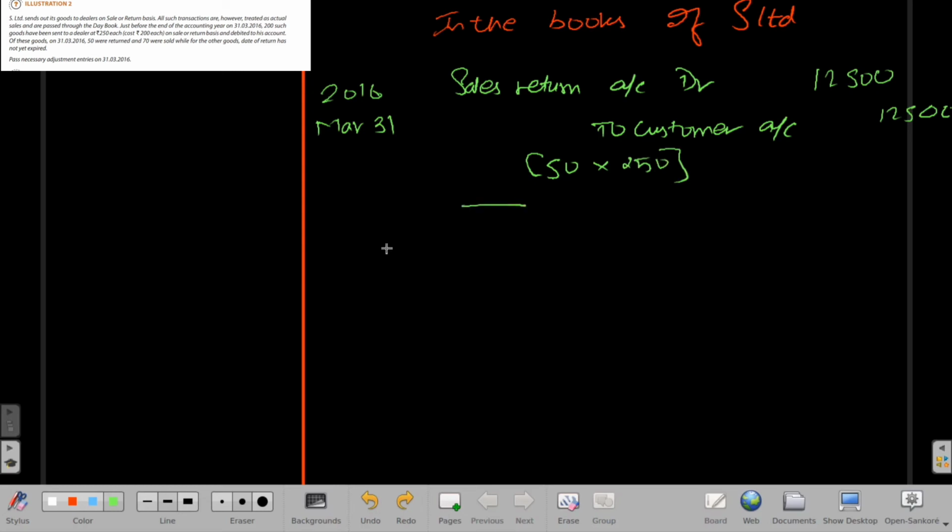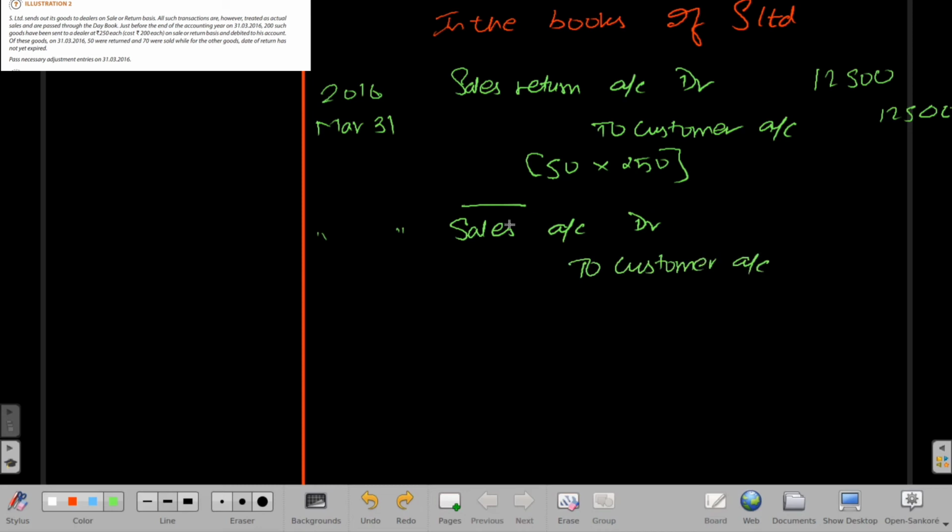Now the next entry would be reversing the sales. On the same date, you'll have to reverse the sales as it is not considered as sales. So for reversing the sales, the entry would be sales account debit to customer account.